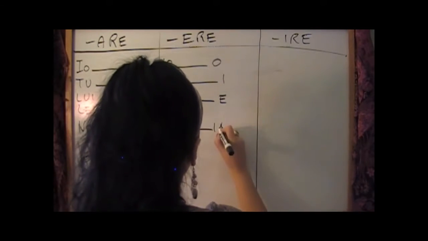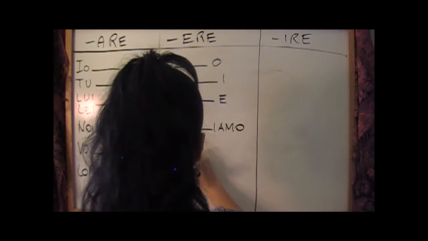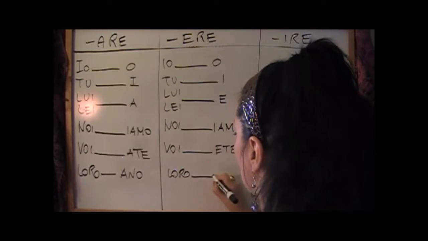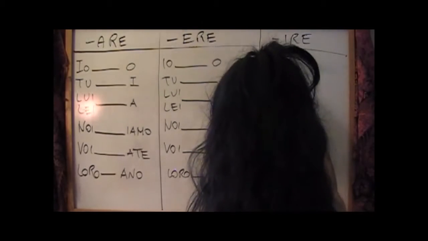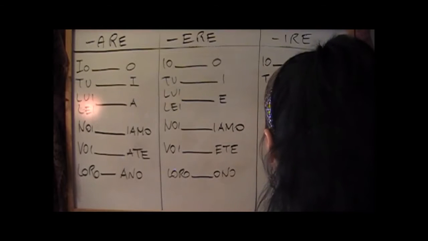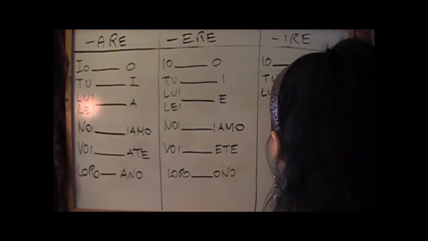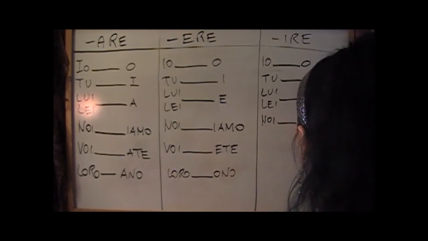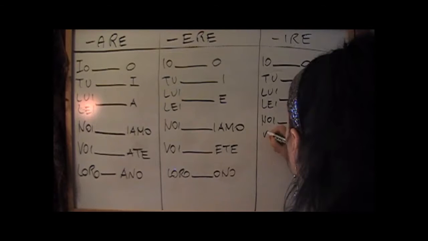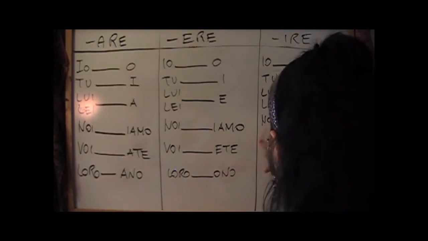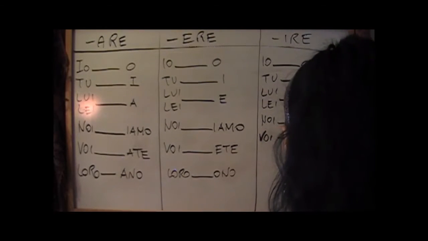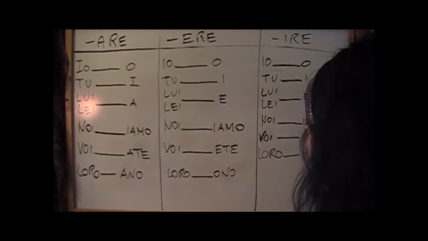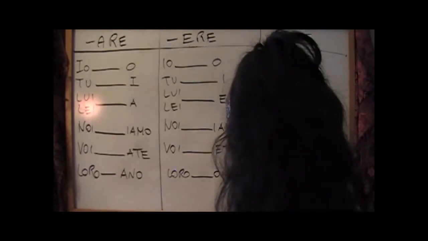Noi -iamo. Voi -ete. Loro -ono. Io -o. Tu -i. Lui, lei -e. Noi -iamo. Voi -ite. Loro -ono. Now let's leave some space.